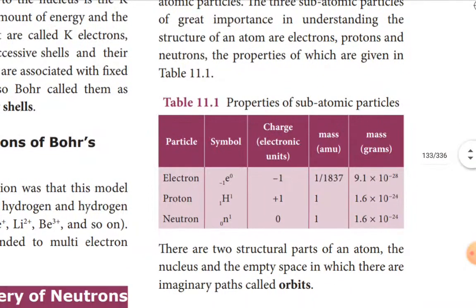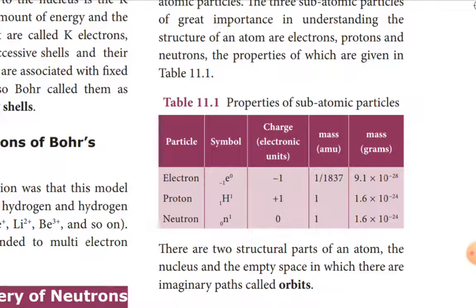In table 11.1 the properties are illustrated. Electron: it has a negative charge, minus 1, and a very negligible mass, 1 by 1837, that is 9.1 times 10 power minus 28 gram. The proton has a plus 1 unit positive charge and mass 1.6 times 10 power minus 24, one atomic mass unit. Similarly, the neutron also possesses one atomic mass unit.